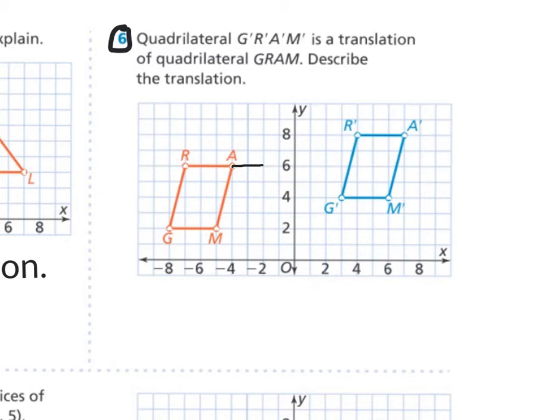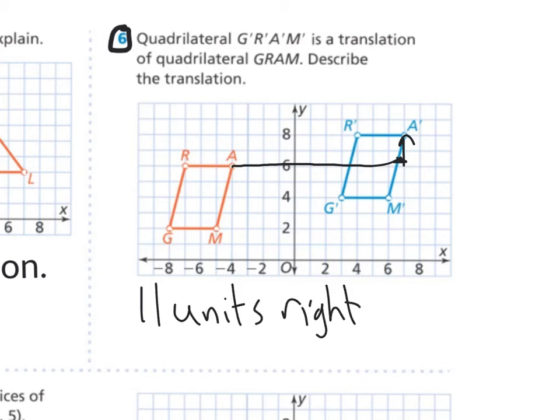They are going by ones here. Again, you count it out, and then if you want to do a second one just to double check. It ends up that this would be going 11 units right and 2 units up.